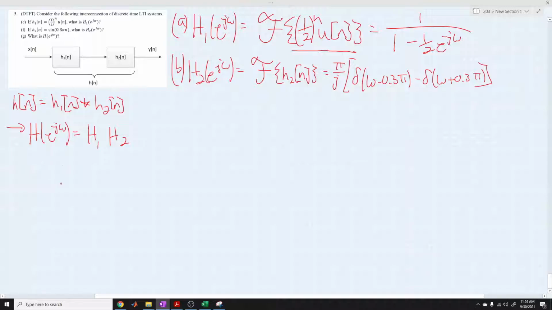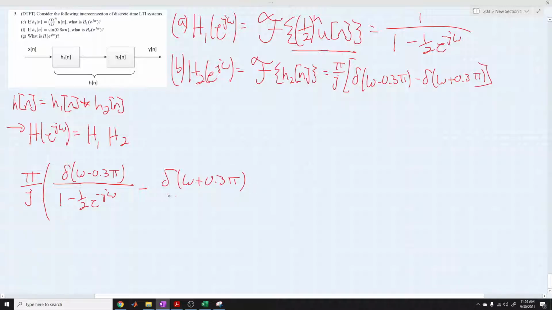And when we do that, let's take the pi over j and put it right up front, and then we'll distribute the delta function. So we'll have delta of omega minus 0.3 pi all over 1 minus 1 half e to the negative j omega, and then minus delta of omega plus 0.3 pi, all over 1 minus 1 half e to the negative j omega.